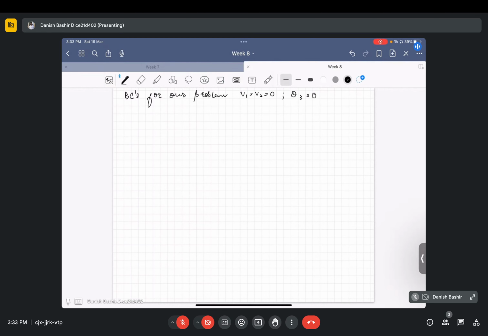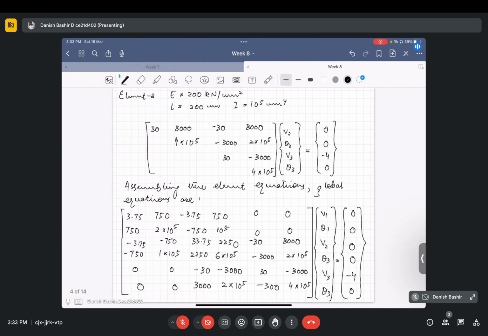But I told you where there is 0 displacement or rotation, obviously there will be a reaction at that point. For 0 displacement there will be a reaction, and for 0 rotation there will be a reaction moment. So we will put this equal to 0, this equal to 0, and theta 3 equal to 0.